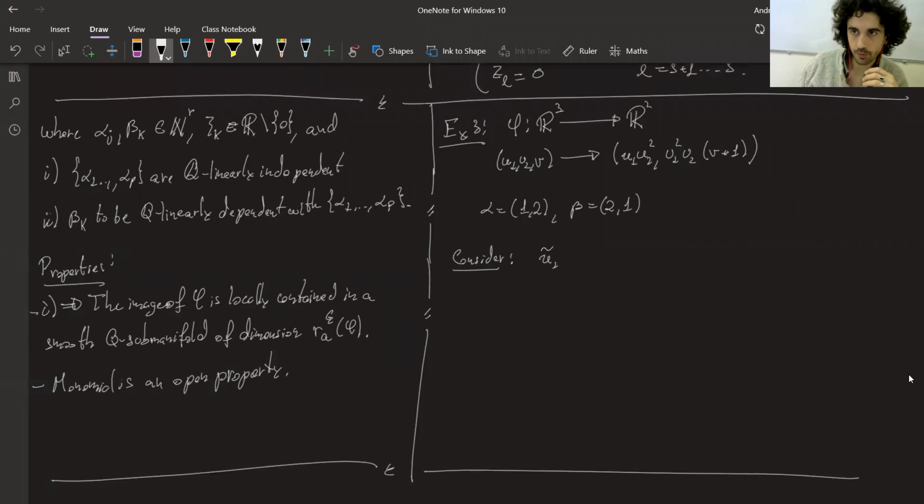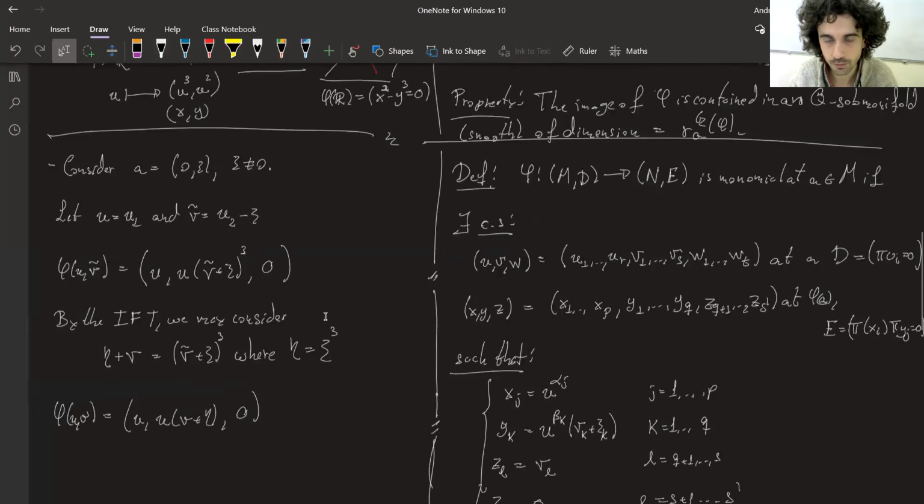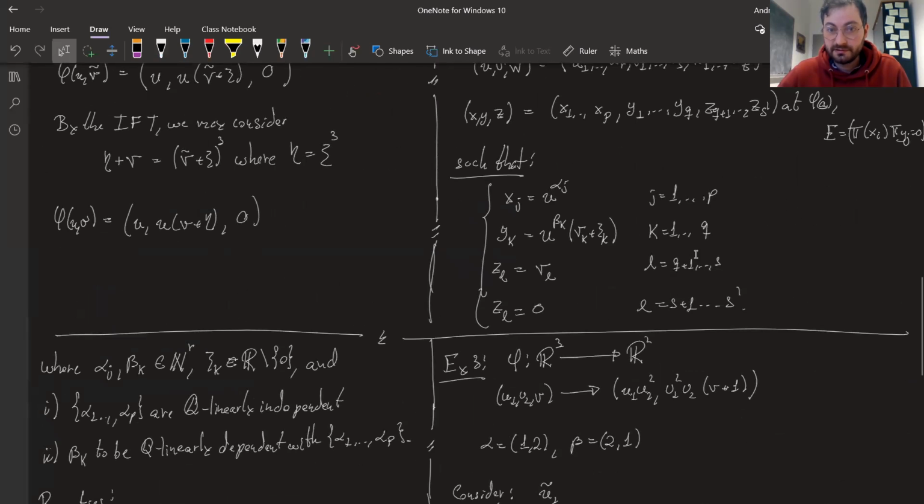Sorry, Andre, before you continue too much, what's the relation between the different numbers R, S, P, Q, and the generic rank of phi? Can we read it off from the expression directly? Yes, it's going to be P plus S. All of the V's contribute.